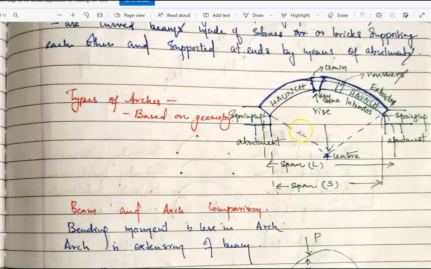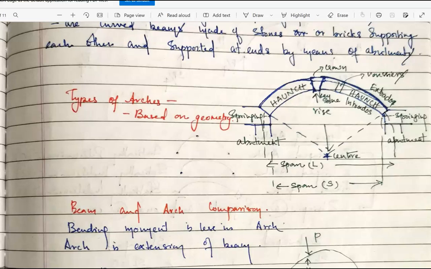It shows what the main parts of an arch are. As you can see, that curved shape is what we call an arch. Then you have the center point, that is, the arch will be a portion of a parabola or a circle, so that is the center point of the circle of the arch.